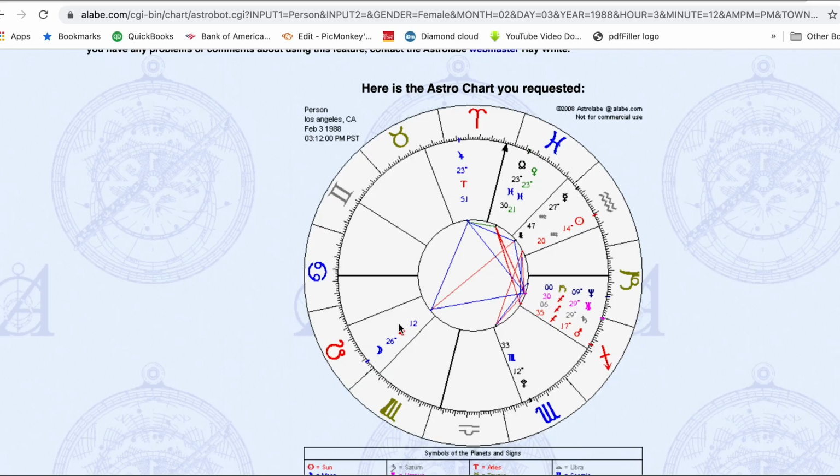We put all this together: the sign, the house, and the planet energy. So think about that. The planets are the energies. They are the players. They say what kind of action will be taken. The signs are the style, how this action will be taken. And the houses are the place where this action will be taken.